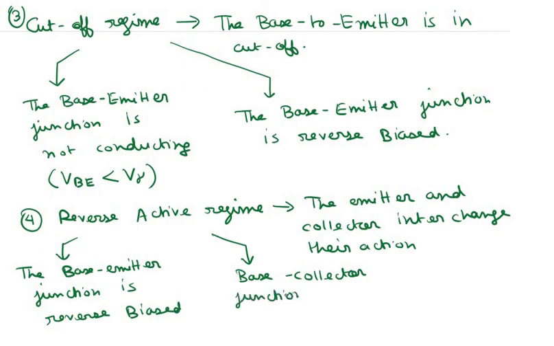So basically the collector now functions as the emitter and the emitter now functions as the collector. Okay, so these are the 4 regimes of operation.